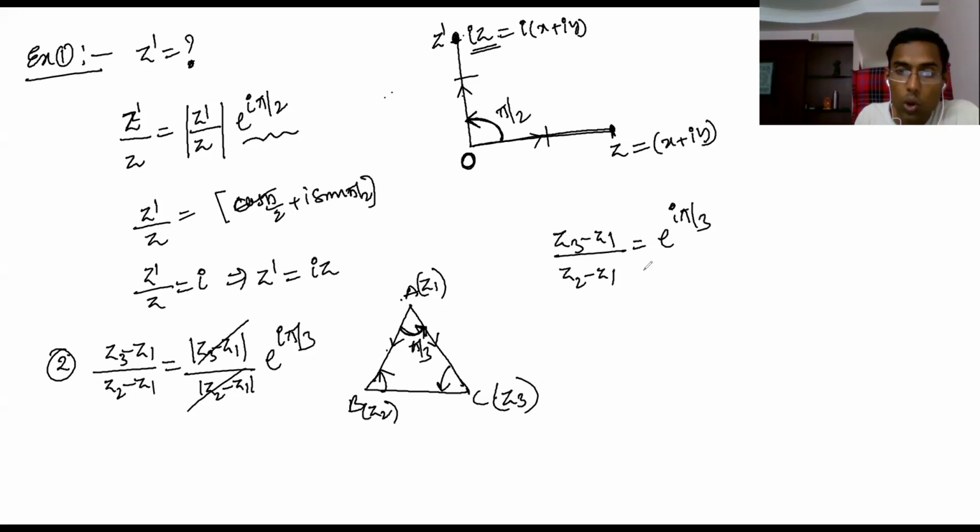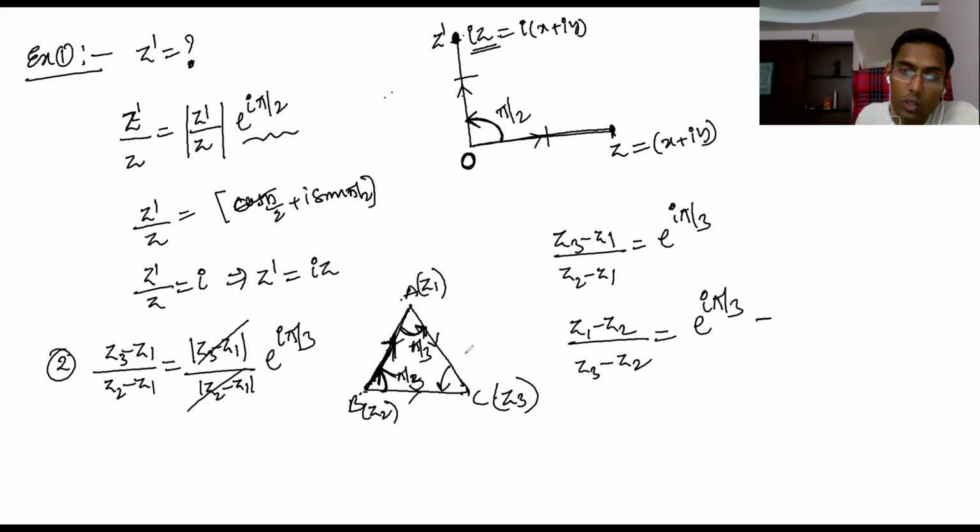This is one relation. Also, if I take these two vectors, BA and BC, BA is the final vector, with angle pi by 3, rotating anti-clockwise. So BA is Z1 minus Z2, and the initial vector is BC, that is Z3 minus Z2, equal to the same thing, e to the power of 5 pi by 3. These two are equal.